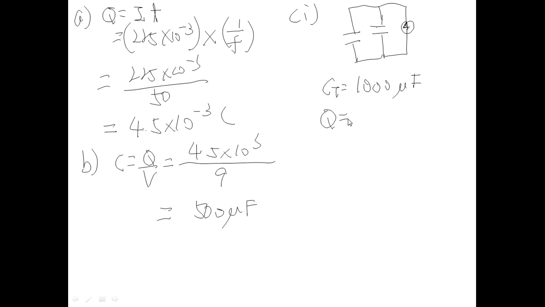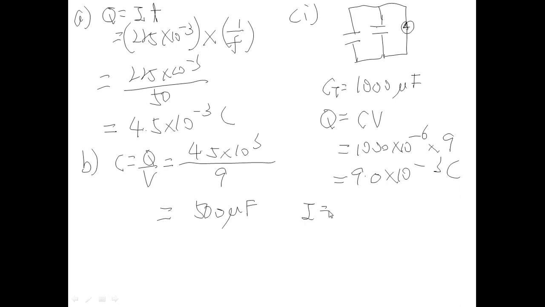Now I will know the total charge carried by these two capacitors. So Q equals CV. That will be 1000 microfarad times the potential difference of 9, so I should have 9.0 times 10 to the power negative 3 coulomb. Now I want to know my current.